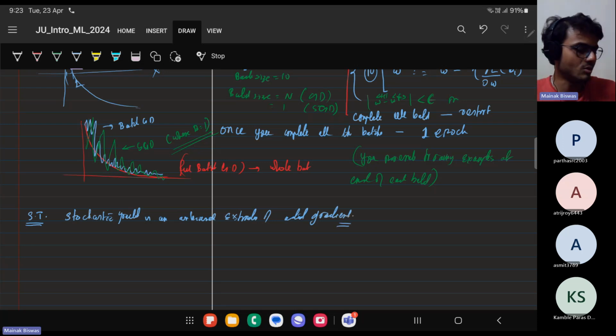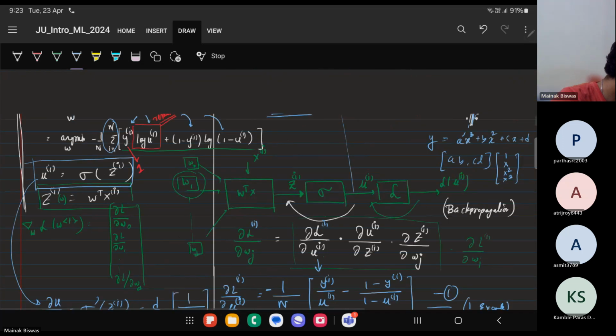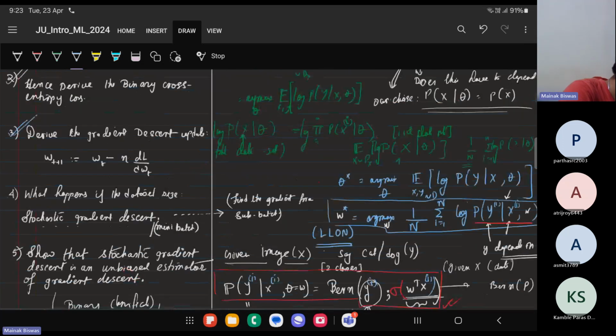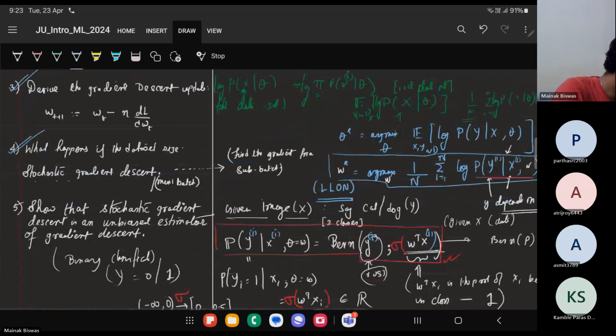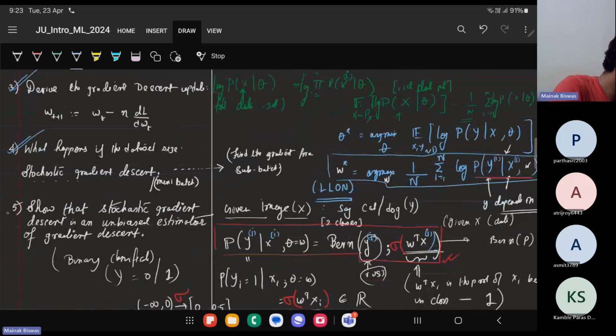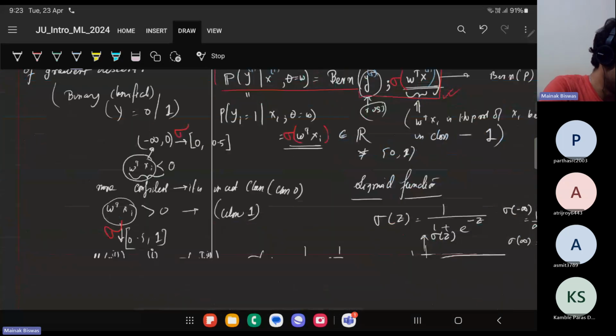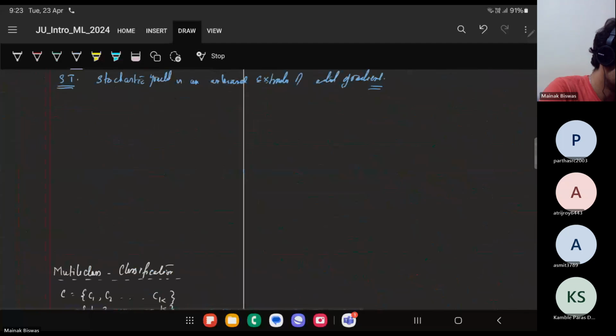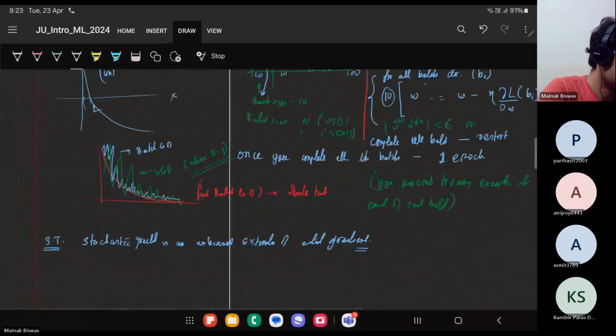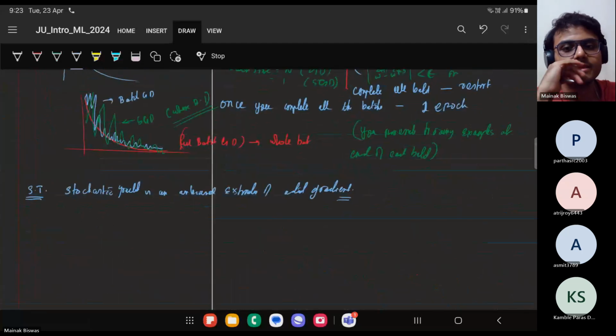Can anyone tell me how? This is the fourth question. We have done stochastic gradient descent also. Now show that it is an unbiased estimator of the actual gradient. How do I do it? What should I do?